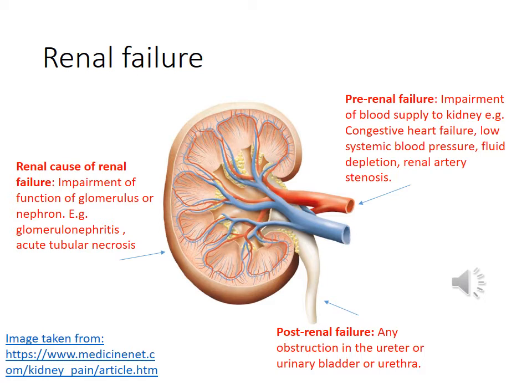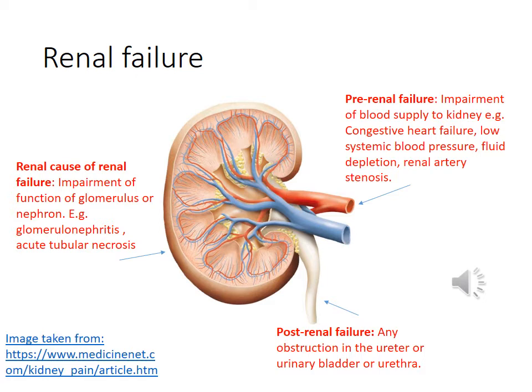When the blood pressure is low, less blood reaches different parts of the body. Fluid depletion or dehydration. If a person has dehydration, he has less blood volume. If he has less blood volume, less blood will reach kidney. Renal artery stenosis. The renal artery is narrow. This will lead to less blood reaching the kidney. All these causes will cause renal failure, and these causes are called pre-renal failure.